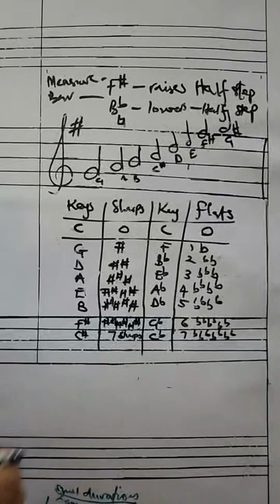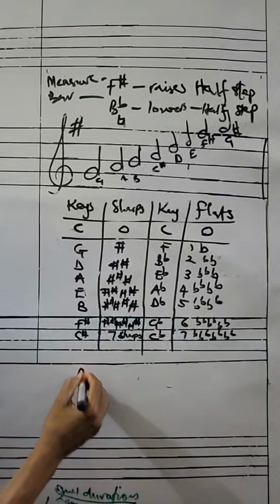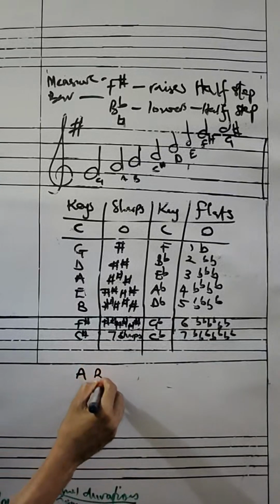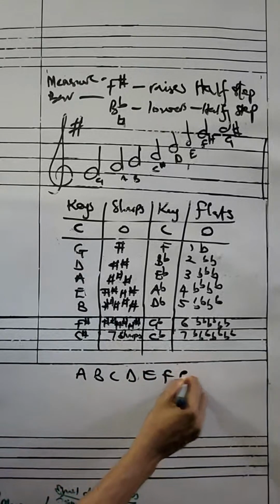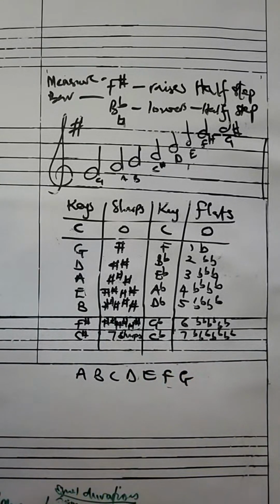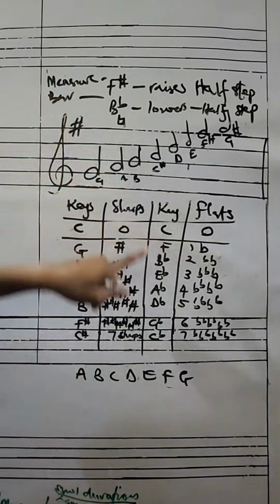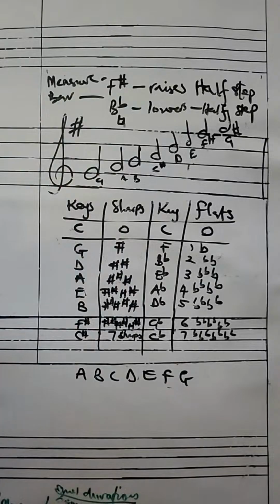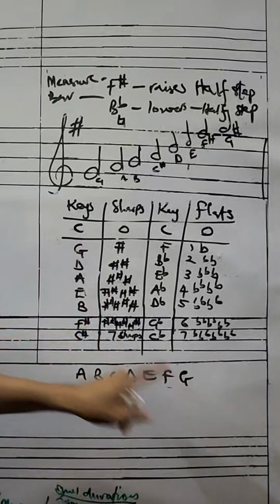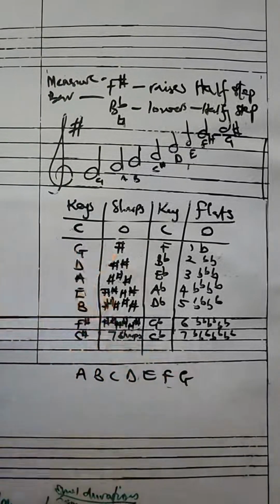Key G. Because we said C, D, E, F, G. G is the dominant of C. So G is one sharp.